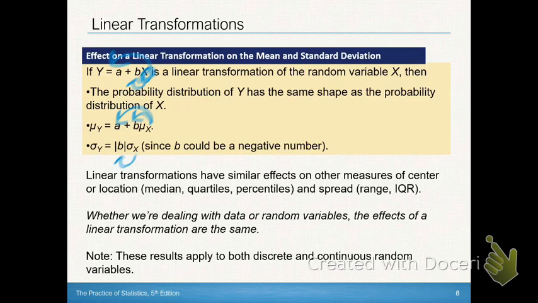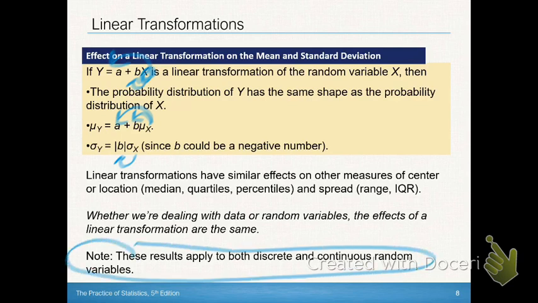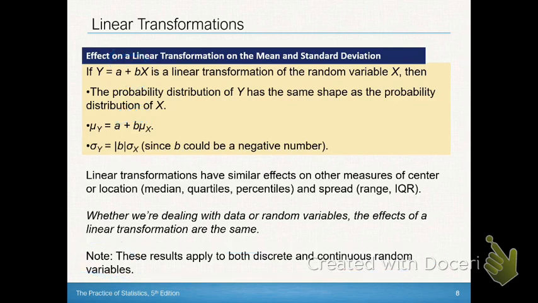But the standard deviation only gets multiplied by the absolute value of the multiplied value. The adding doesn't impact it. Notice that this is similar to Chapter 2, and it now also applies to both discrete and continuous random variables. Make sure you try the practice problems before moving on.